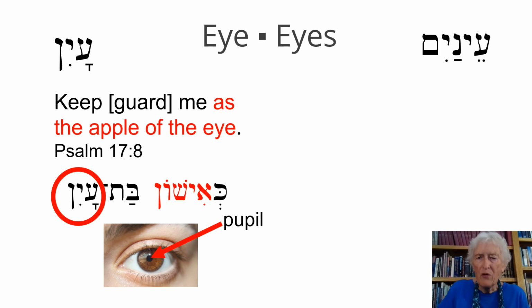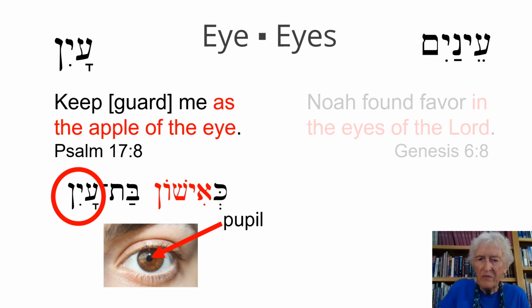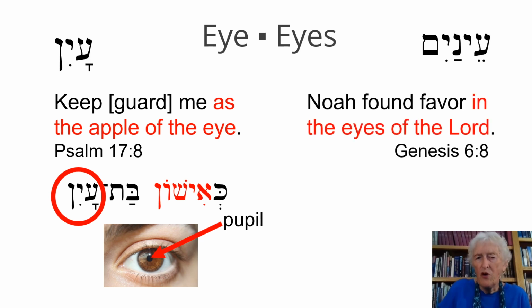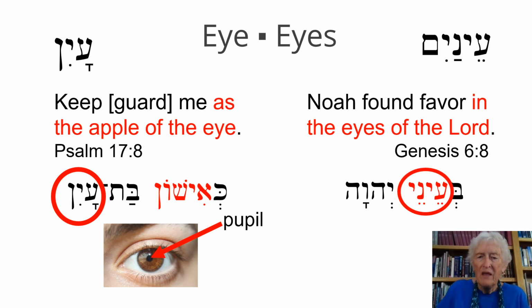Now we go over to the plural, Einayim, and we see Noah found favor in the eyes of the Lord. But look at the Hebrew, because we have here Be'enei, and then follows Yud He Vav He, Adonai. Be'enei Adonai. Now, why isn't it Einayim? Because it's a word pair.